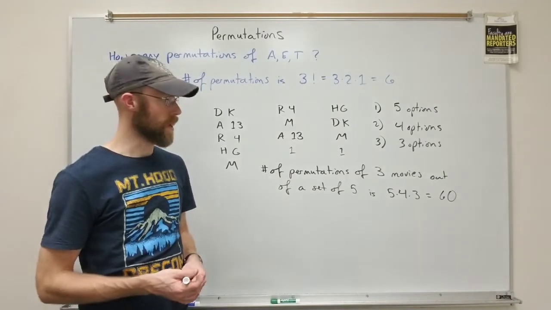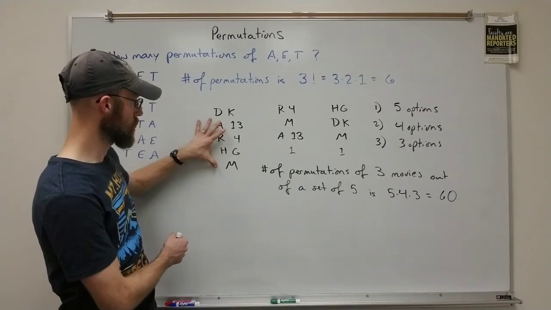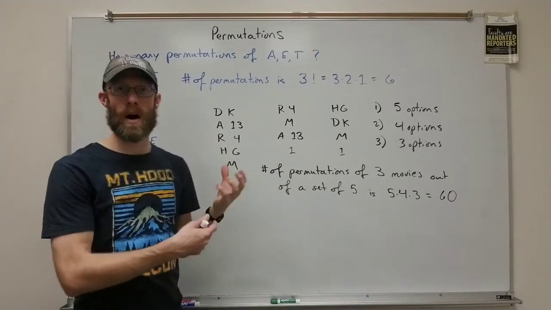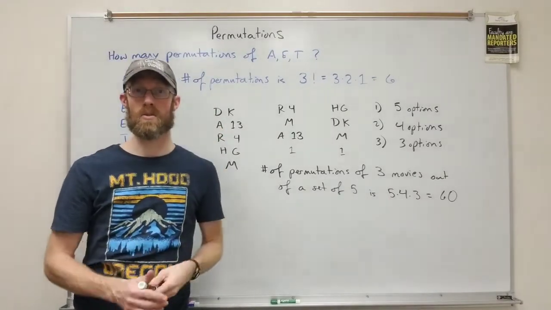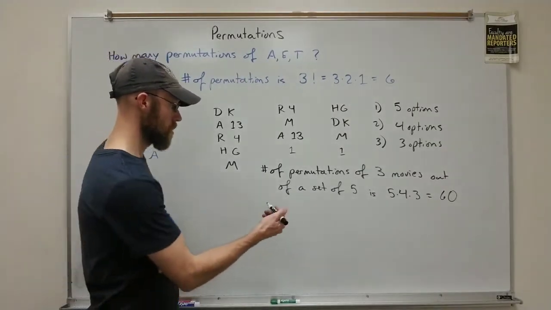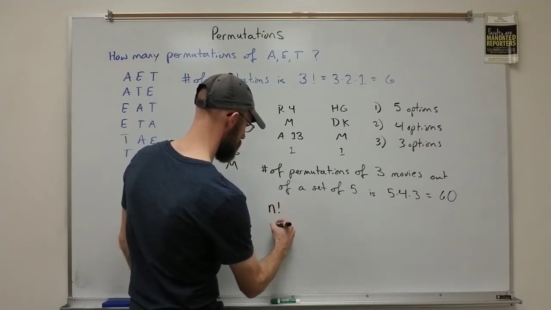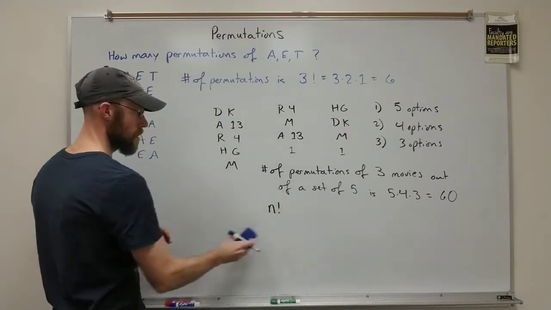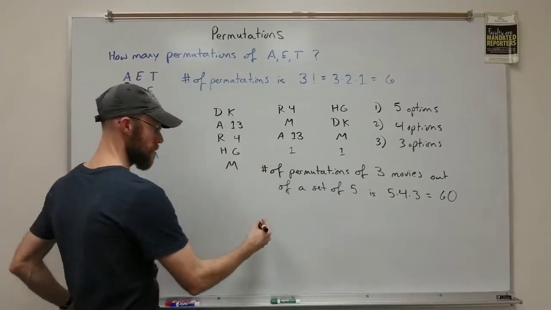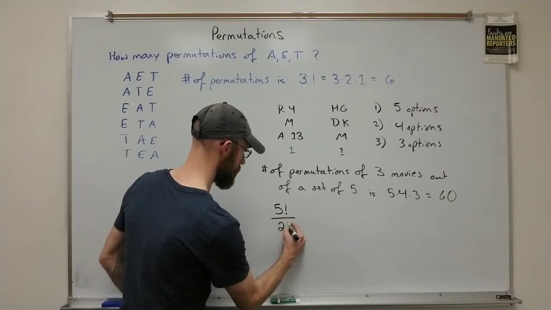Well, if you were to take 5 objects and not watch 2 of them, you're basically taking those 2 off, you're dividing them out. And so the formula for the permutations is going to be n factorial, or let's think about it this way. In this particular example, it's equivalent to 5 factorial divided by 2 factorial.